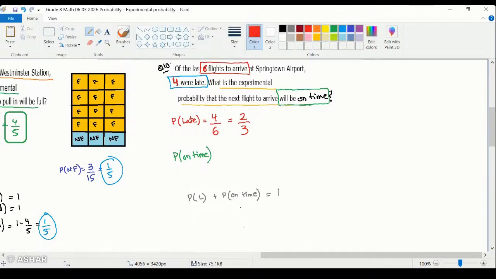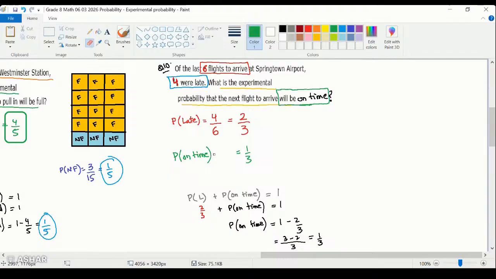The probability of late was 2 upon 3 plus the probability of on time was 1. So can we say the probability of on time would be 1 minus 2 over 3, right? We take an LCM, that is 3 minus 2. It comes out to be 1 upon 3. Agreed?